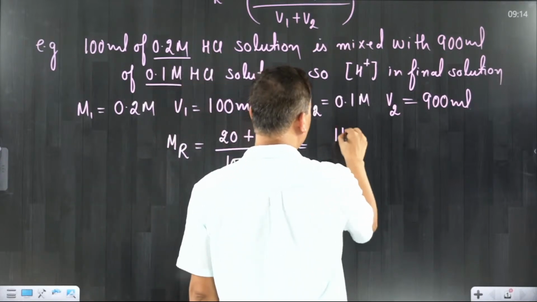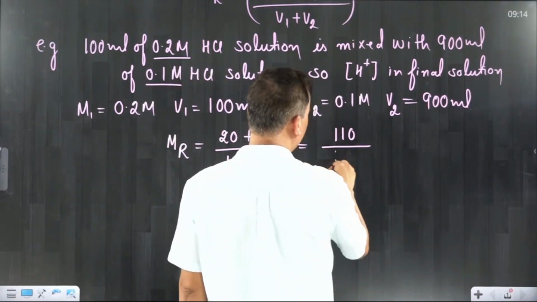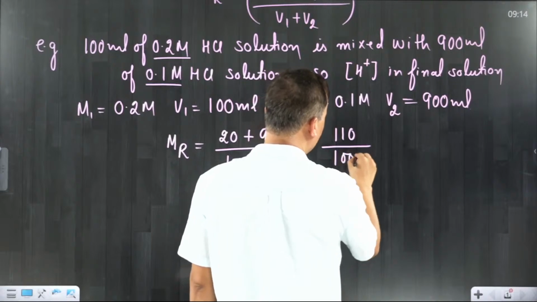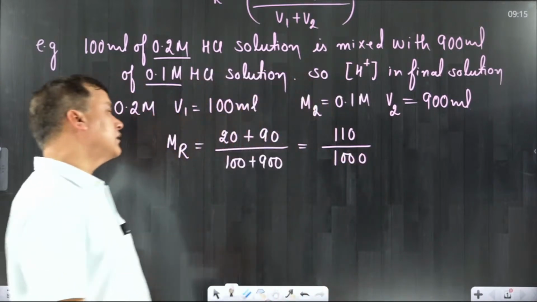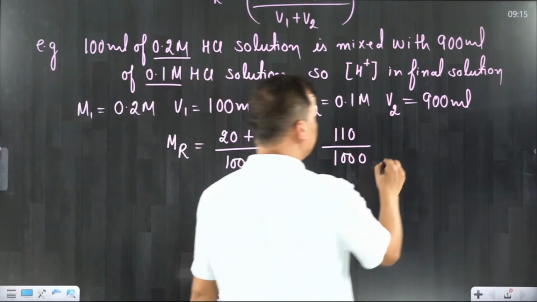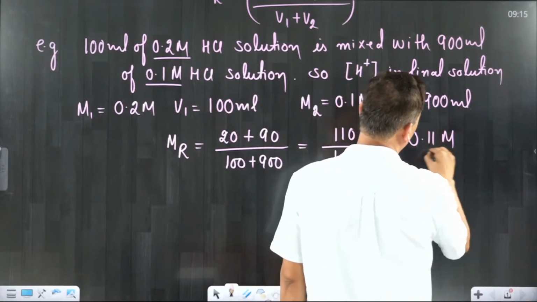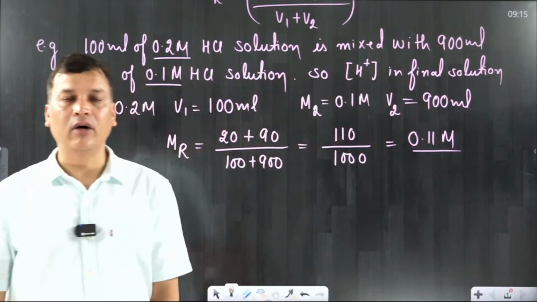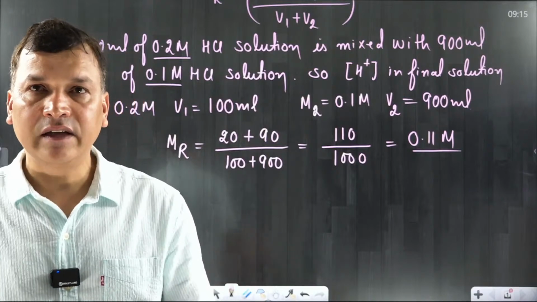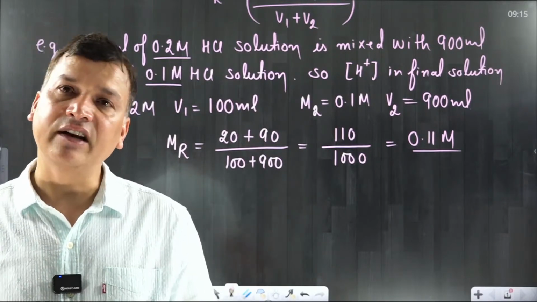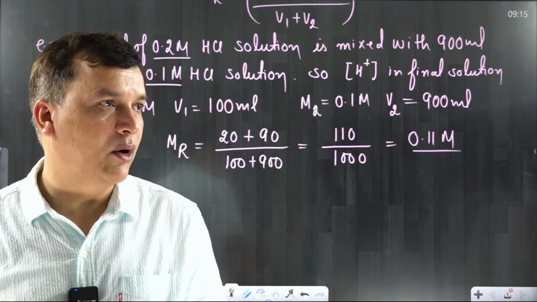That is 110 divided by 1000, which is equal to 0.11 molar. That is the molarity of this new solution. Is that clear or not? Please tell me, respond to me.